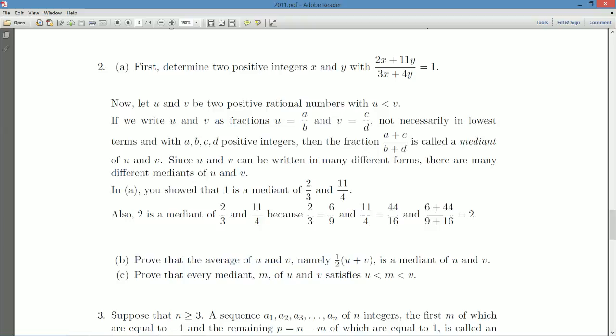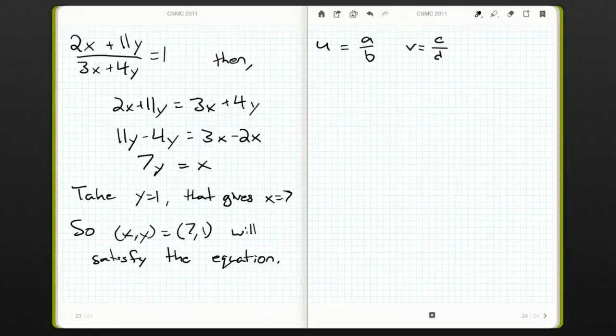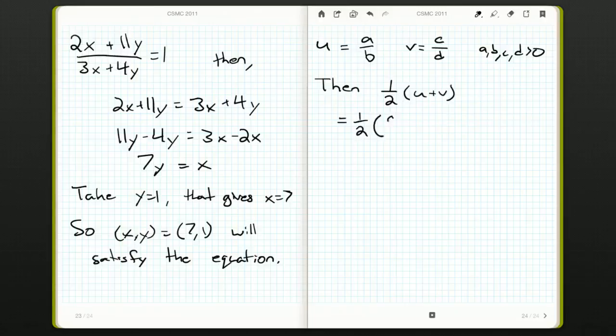If we keep our fractions a over b and c over d, again, not necessarily in lowest terms, we can figure out exactly how to write the average. It's 1/2 (u plus v), that's 1/2 (a over b plus c over d).